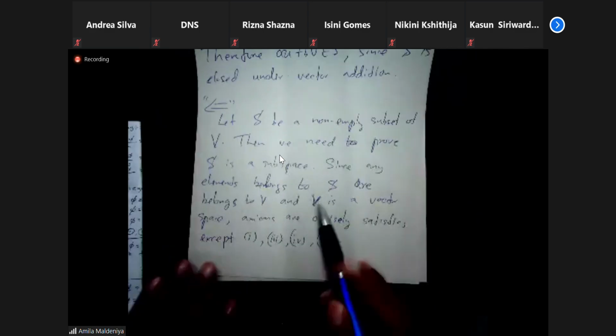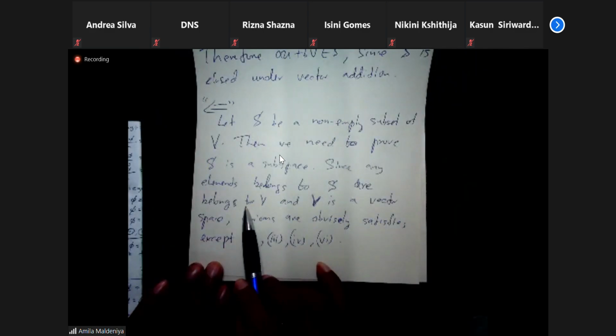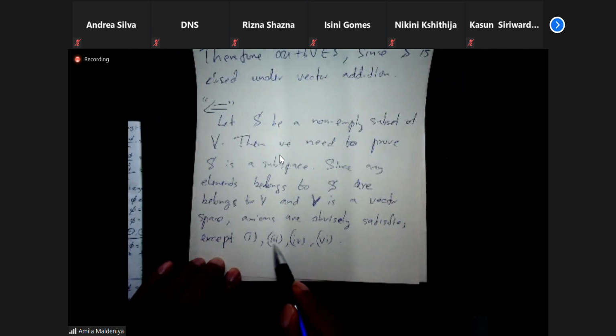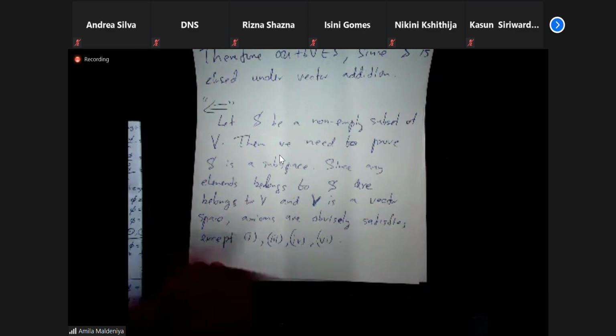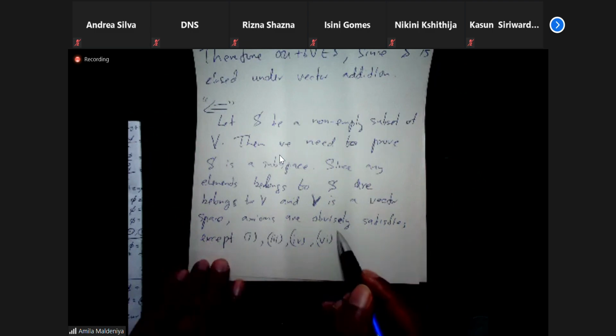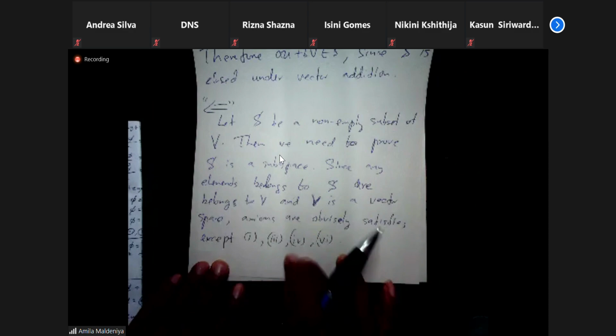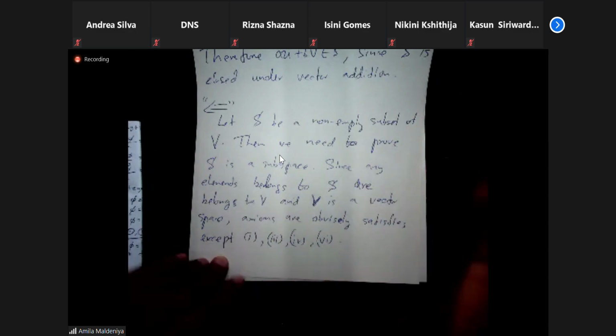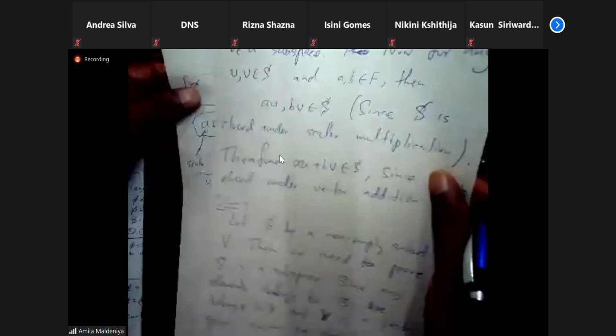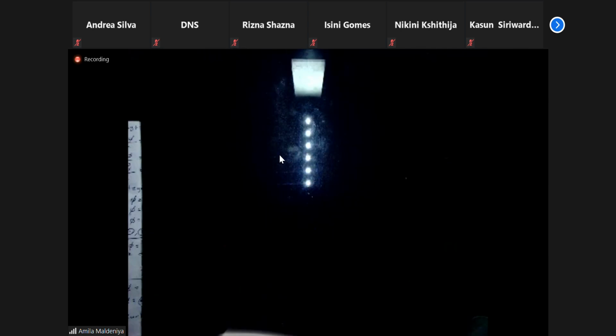So most of the axioms are true except this 1, 3, 4, and 5. Therefore, in fact, in this proof, what you need to prove is S satisfies only these 4 axioms. You can check whether those are true or not. You'll see those are true.